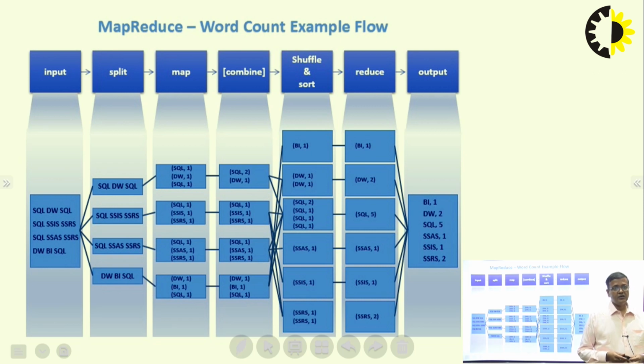Also we can see here your combine operations. For example, SQL comma 2 is a combine operation in the first block, under the map column. So we are seeing a local reduce operation, which is also called the combine operation. This is how your MapReduce word count example flow happens.